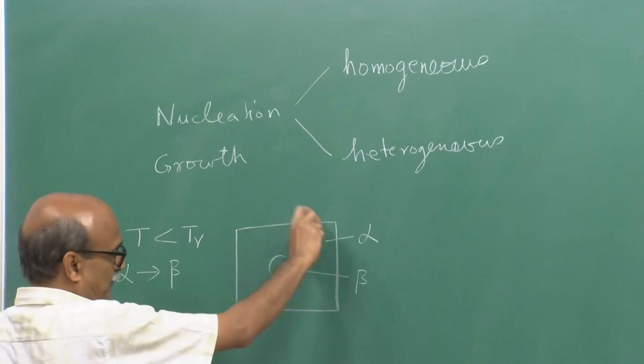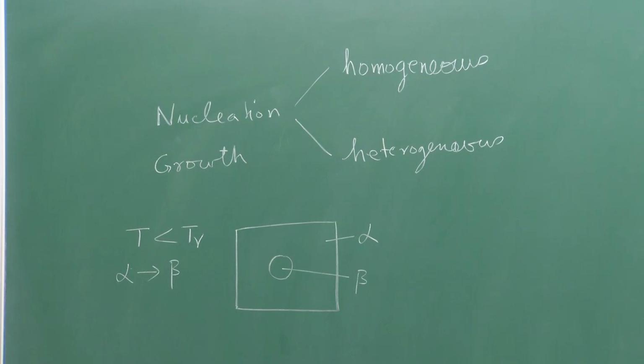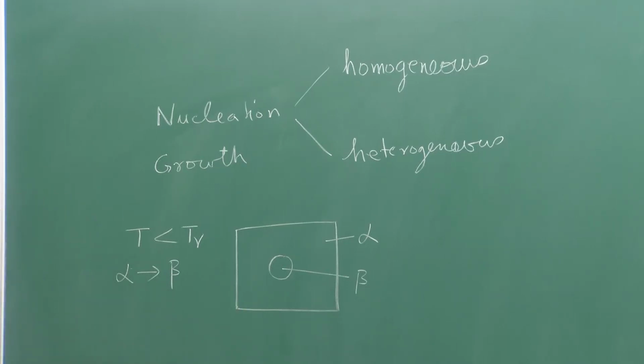If this beta precipitate occurs anywhere, we will call that homogeneous nucleation. That means it can take place over the entire bulk of the material.